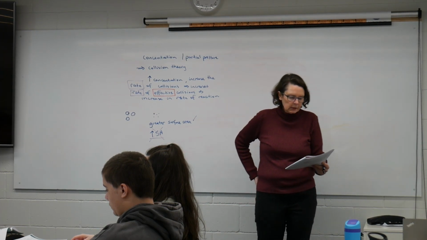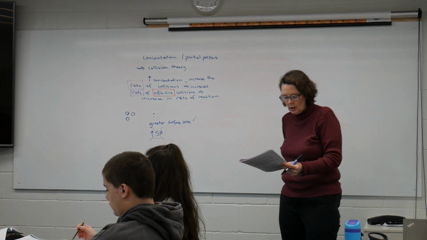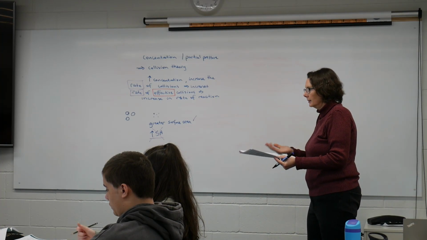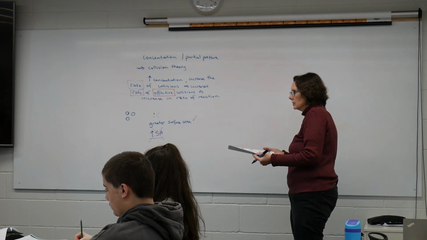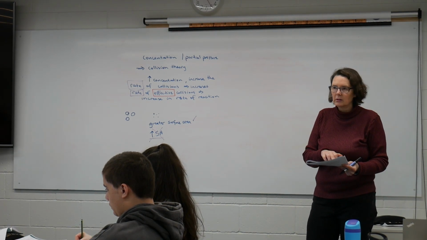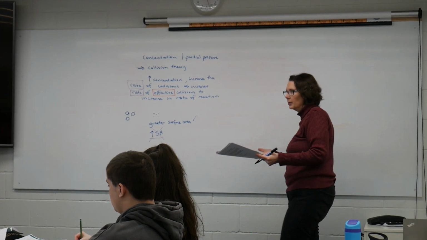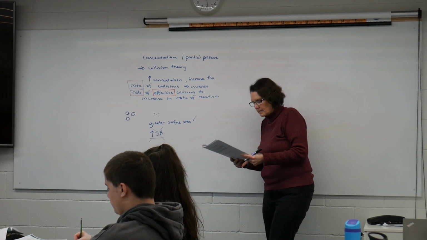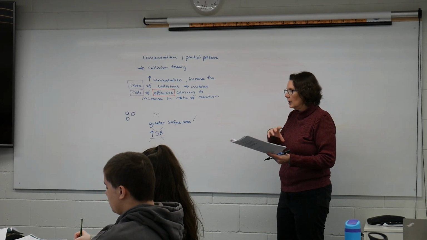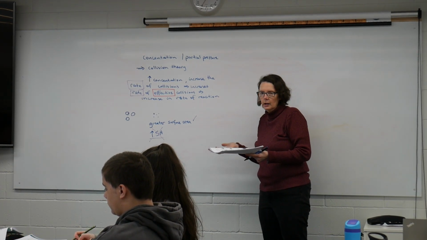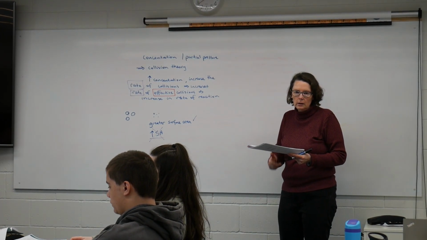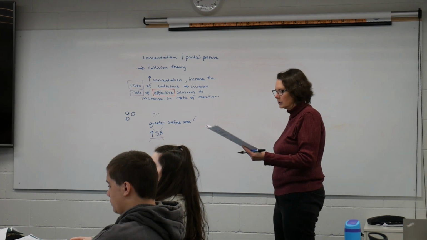Now, for our catalysts, we talked about this last lesson. We did explain that enzymes are catalysts, they're biological catalysts. We know that enzymes have the ending ase, or the suffix ase, like amylase, etc. They are a subset of catalysts. So some catalysts are enzymes, but not all catalysts are enzymes, because we have inorganic catalysts as well.